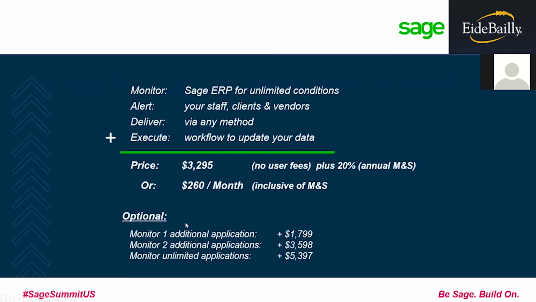For each additional application to be monitored, it's an additional $1,799. Once you reach a grand total of 4 applications being monitored, you're automatically granted what's called the unlimited application license of Sage Alerts and Workflow, enabling you to use it to monitor every single business application that you own today or ever will own.